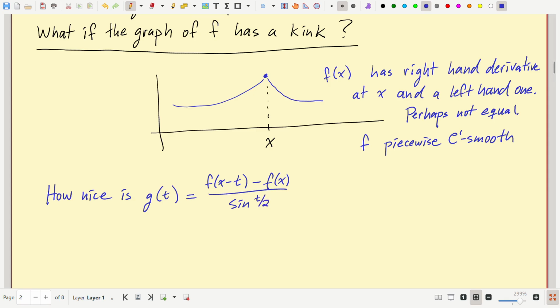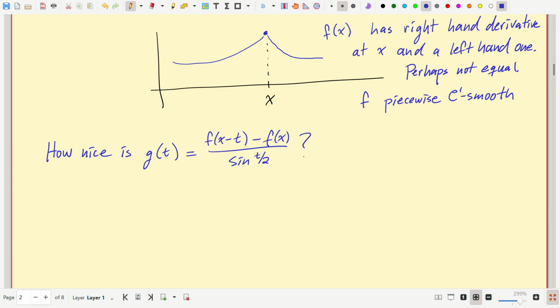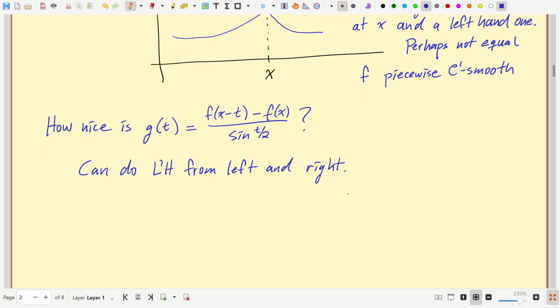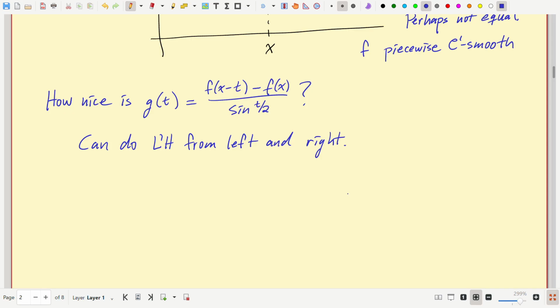Well, we can do L'Hopital's from the right and L'Hopital's from the left. What's the notation for a right-handed derivative? Is there such? It's like f plus or something, and f minus, with a prime maybe. I can make up my own notation. Anyway, you can do it from the left and the right.